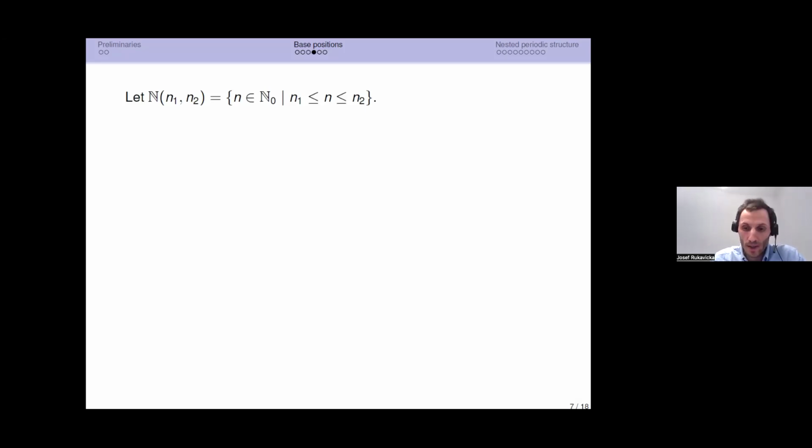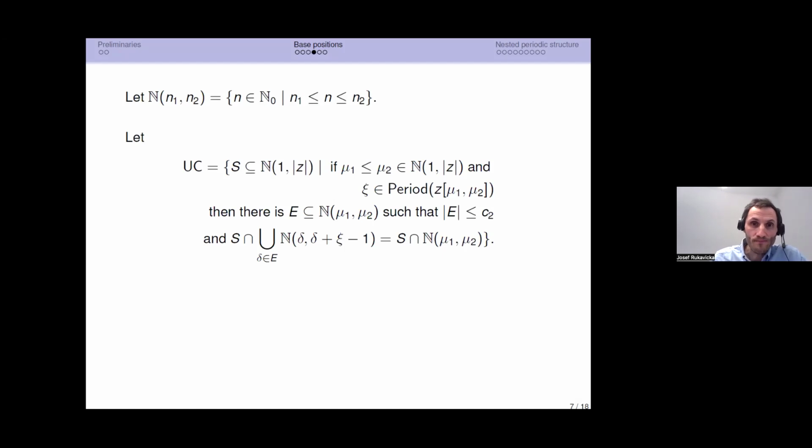Now in the paper, I often use some interval of integers. So for it, I define this notation with 2 parameters, and this is the set of all integers between these 2 parameters. I use it many times, so this simplified the paper a bit. So I define it, and now I define the set UC. Okay, I will try to explain what it is.